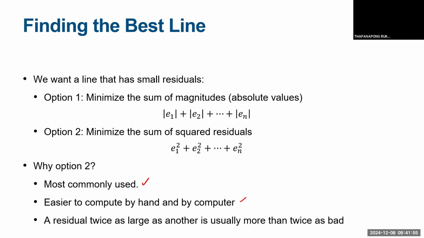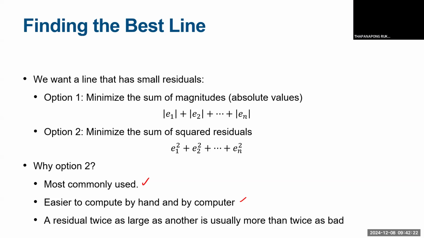And the last reason is, if you think about it, if the residual is twice as large, the squared error is actually more than twice as large. It's not a linear relationship. Let's say you are off by two, and your friend gets the same number but is off by four.